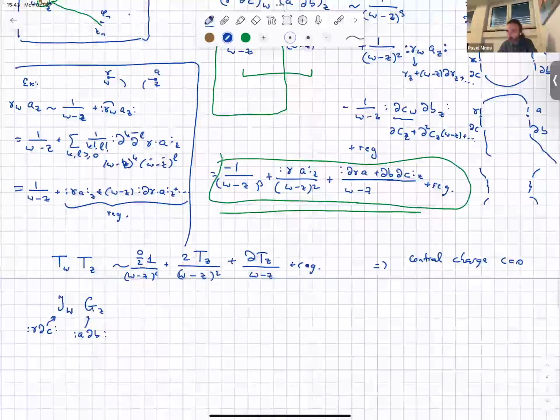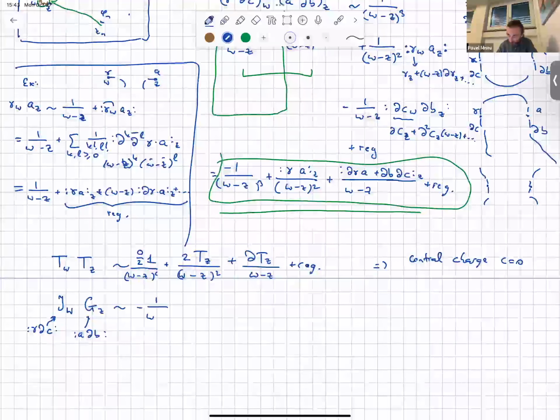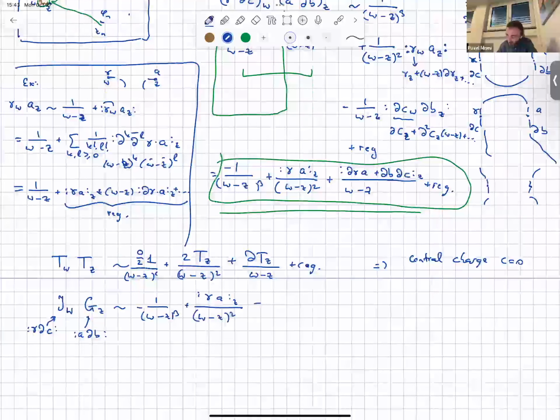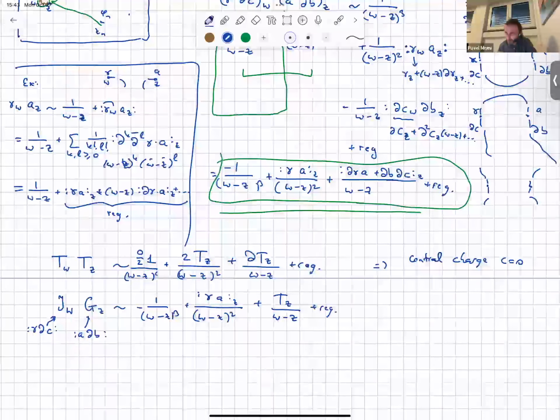So that gives us this cubic pole, minus 1 over (W minus Z) cubed, plus gamma A at the point Z, and that's the quadratic pole, plus, well, the last term is actually the stress energy tensor at the point Z over (W minus Z), plus regular part.